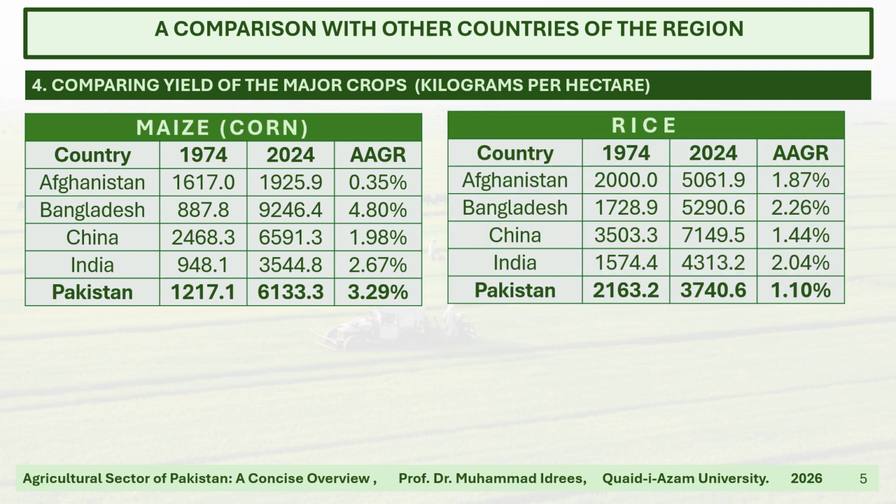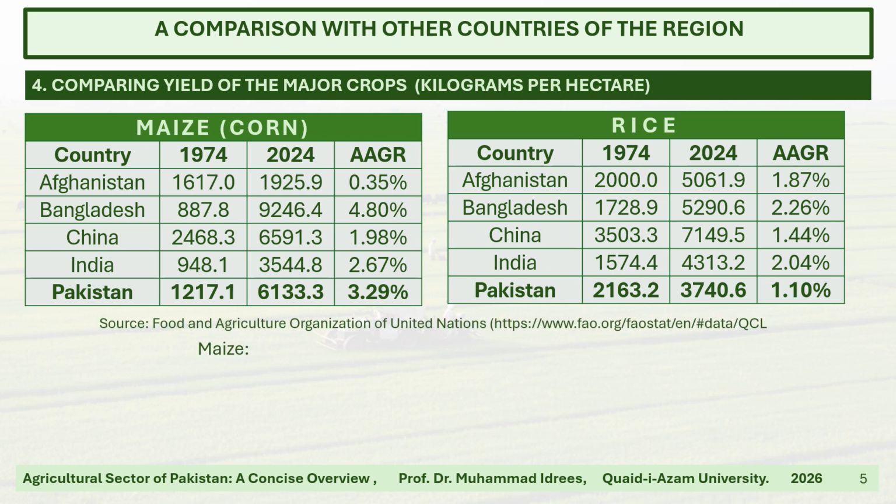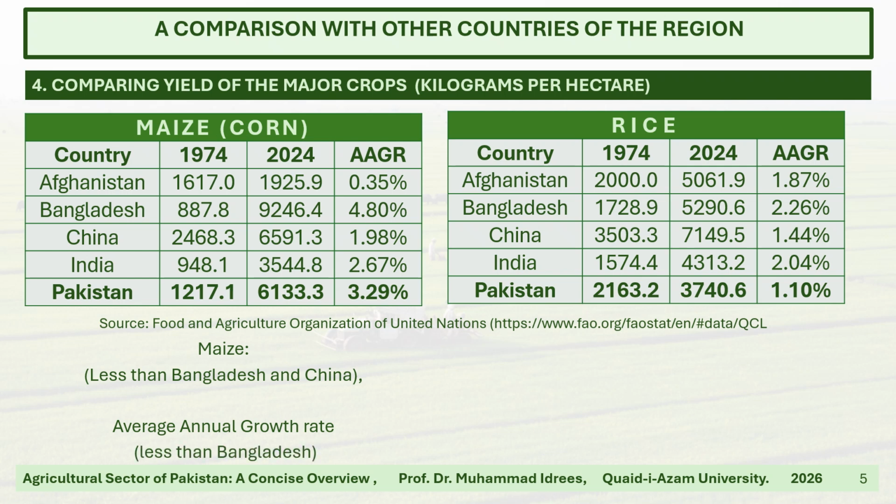The next table is showing the same for rice, and we are comparing it with other countries of the region including Afghanistan, Bangladesh, China and India. If we look at the statistics of maize, we will find that per hectare yield of Pakistan is less than Bangladesh and China, and the average annual growth rate is less than Bangladesh.